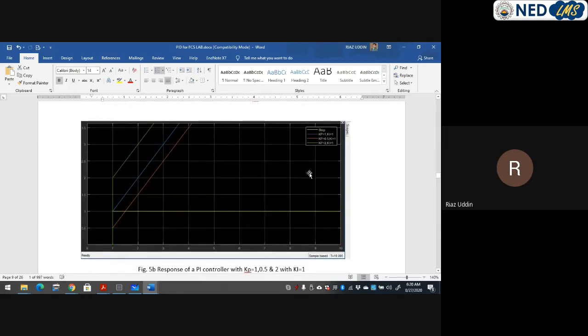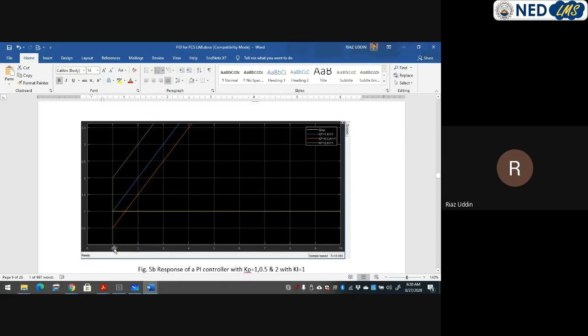This is very interesting. When you use different values of kp, for example, if I'm using kp equal to 0.5, it will add some offset up to 0.5. Then kp equal to 1 means at value 1 it will give 1, at value 2 it will give 2, something like this, because it will increase with unity, because we started from there.